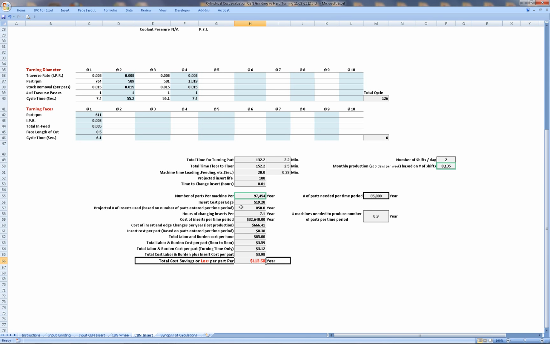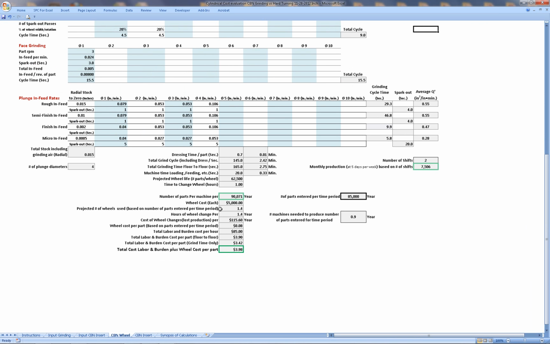But as we move down in this, and please understand, I've just made this so everything would come out very even. There's a slight advantage for the grinding, but the process was just set up to show as a demonstration. But a number of parts we go down, we'll see that the biggest cost difference is the cost of insert per time period is now 32,640 versus the grinding wheel, which was 5,000, or excuse me, 115.